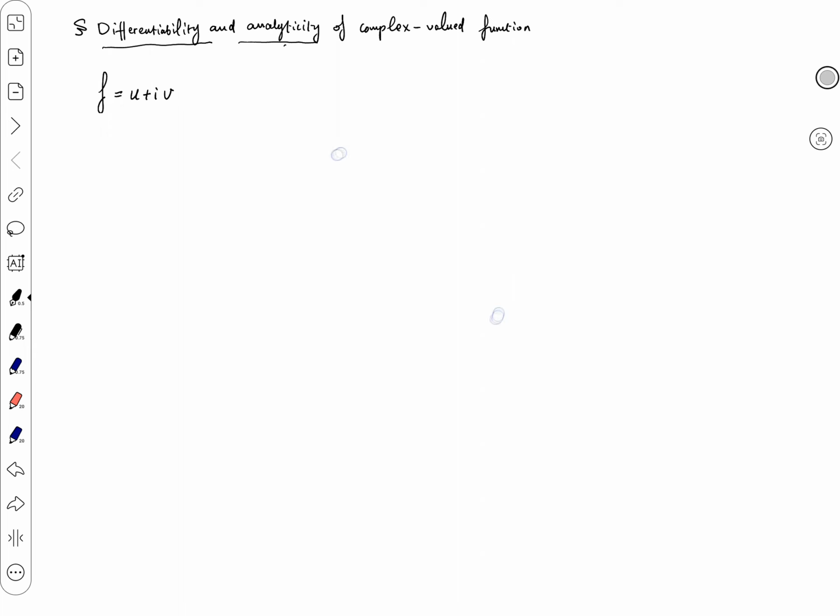Suppose f is taking real values, a real number, and then has complex values, which means that you have this u and v, what we learned from calculus.